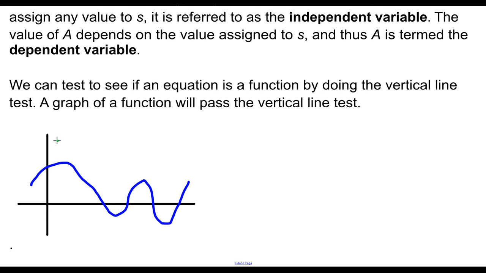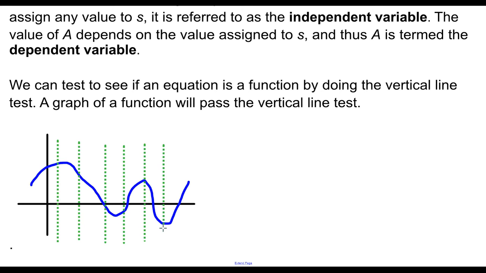So I'm going to draw a collection of vertical lines, and ideally it will only cross in one spot in any one of these vertical lines.